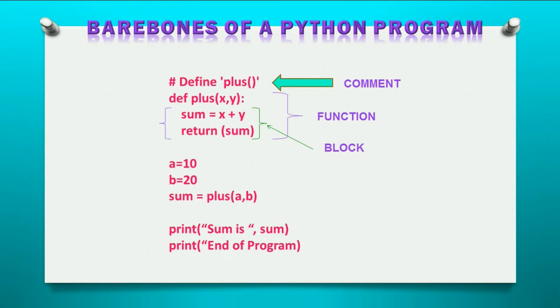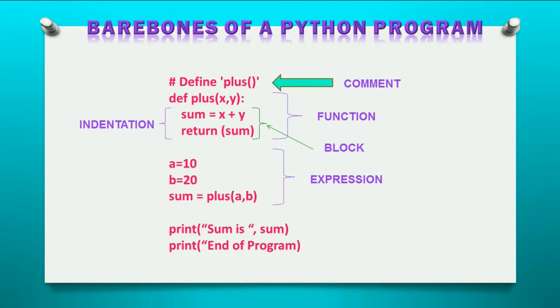Then we have indentation. These two lines of instructions are written inside the function body, and these two lines are indented. Then we can see the expressions a = 10, b = 20, which represent values. Then sum = plus(a, b), that is, it is calling the function and assigning the value to the variable sum.